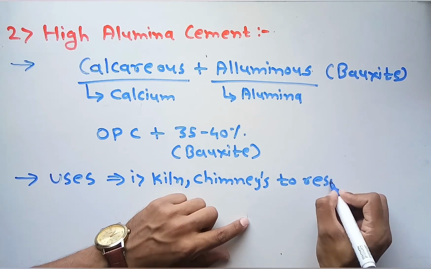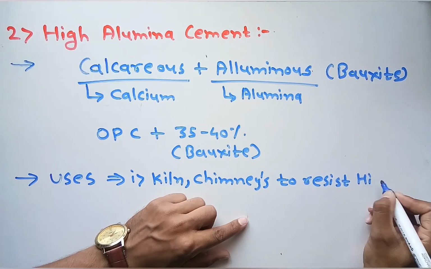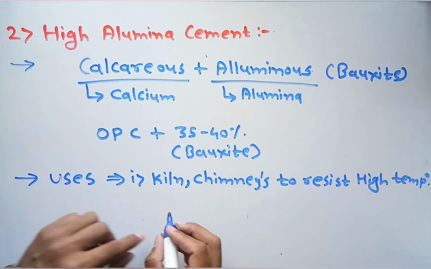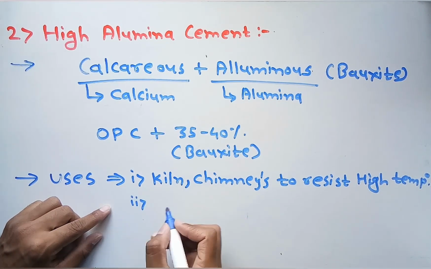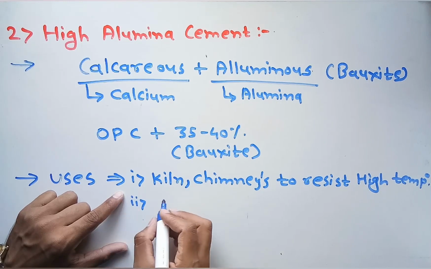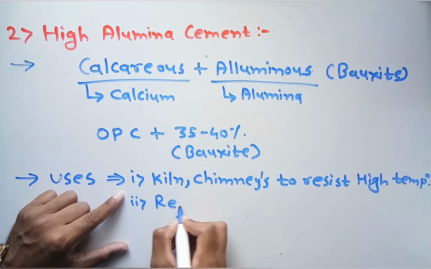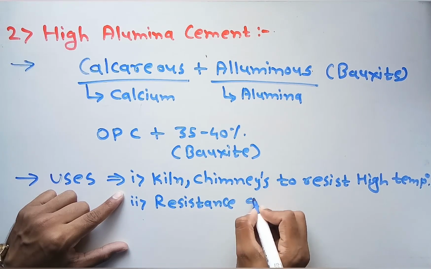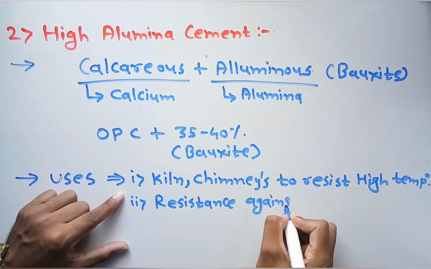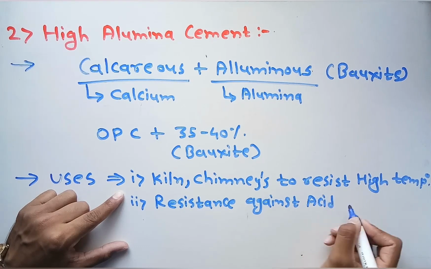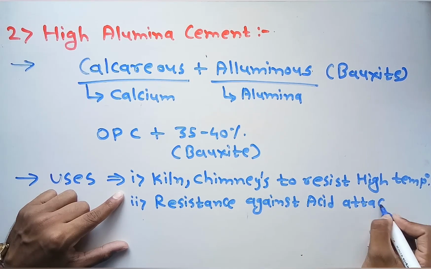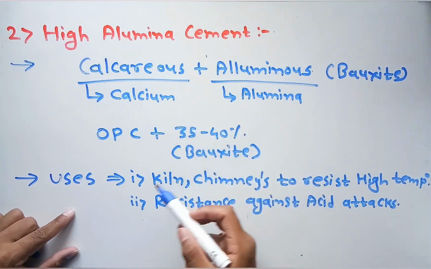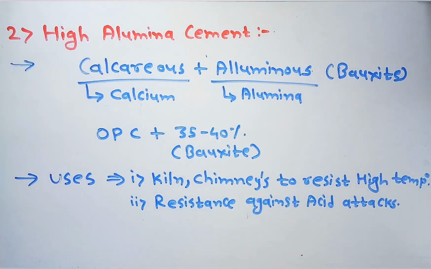And along with that, it can be used for resistance against acid attacks. So these are the basic proportions and uses of the high alumina cement.